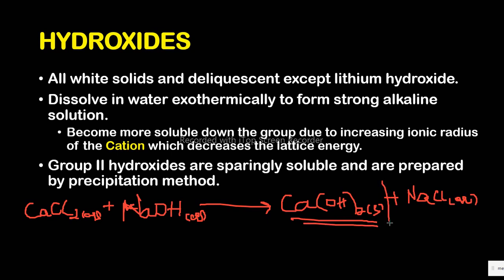I'll either decant, I'll leave it to settle and pour off this layer, this liquid, this solution, and I remain with calcium hydroxide at the bottom. And then I dry it off, and I keep it as calcium hydroxide. Alternatively, if I have no time, then I'll get a filter paper and filter the whole of this solution.